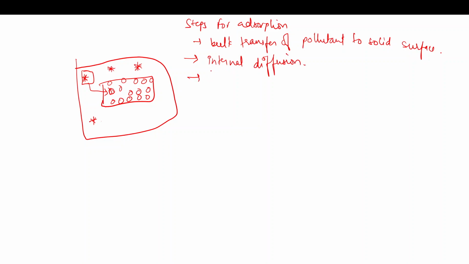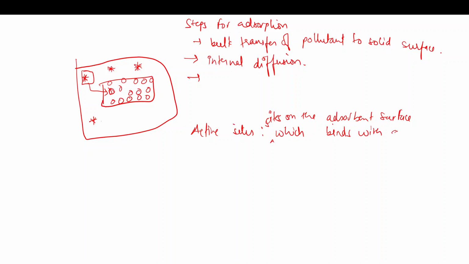Once it comes into contact with the active sites, which we can define here: active sites are sites on the adsorbent surface which bind with the adsorbate.